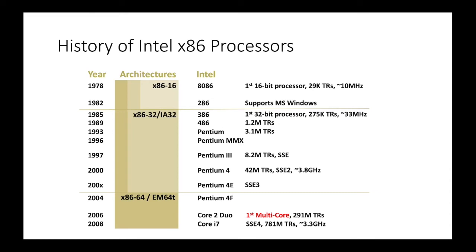Pentium MMX was introduced in 1996 and Pentium 4 was introduced in 2000. In 2004, Intel released the first 64-bit x86, the Pentium 4F. In 2006, Intel introduced the first multi-core processor, the Core 2 Duo.